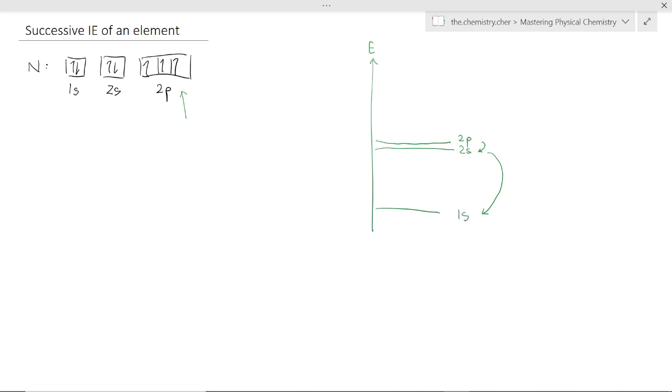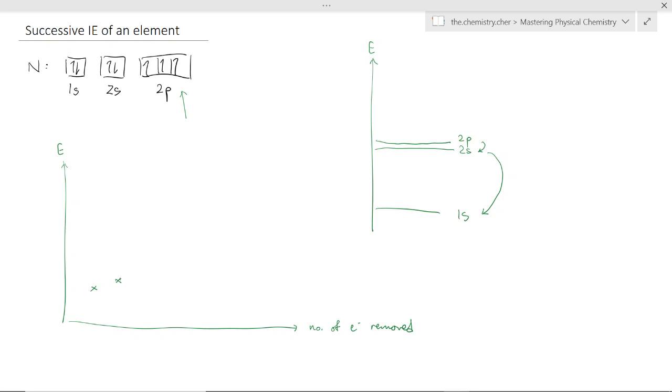So if we plot the diagram over here, with the number of electrons removed on the x-axis and the energy required on the y-axis, we'll realize that the first electron and the second electron will just be increasing, because it is harder to remove from a cation that has increasingly positive charge.